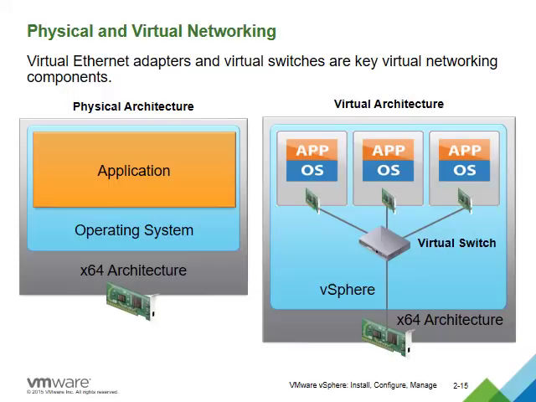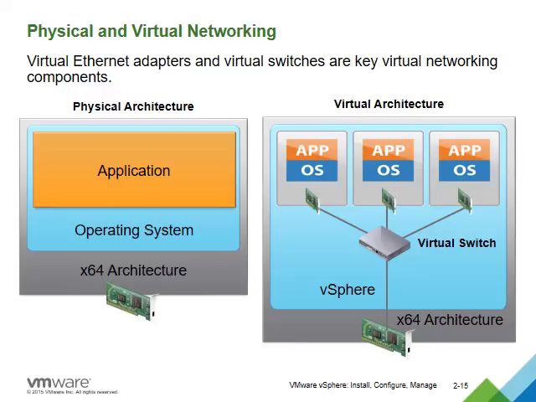On your physical and virtual networking side, the virtual Ethernet adapters and the virtual switches are key virtual networking components. It is critical that these are set up correctly and functioning properly to make sure the access between all the VMs communicates correctly.